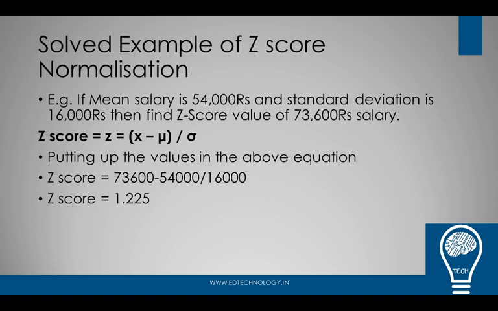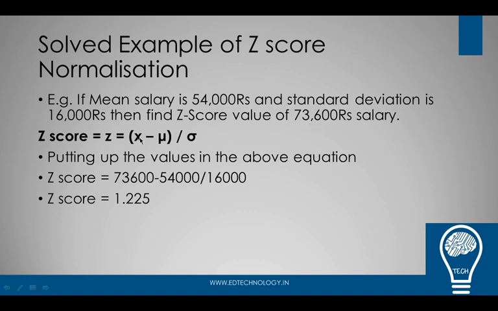As you can see here, I've taken a solved example. If the mean salary is 54,000 and the standard deviation is 16,000 rupees, find the z score for a salary of 73,600 rupees. This is our x.